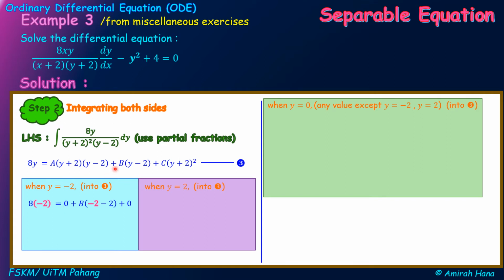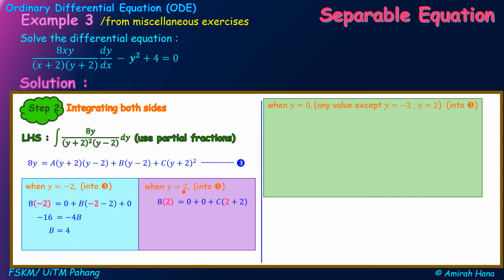And then plus b, we replace y by negative 2, so we have negative 2 minus 2, and then plus 0. Why 0? Because when we substitute negative 2 into here, we get 0, and 0 times any value equals 0. Alright, after that, we simplify.